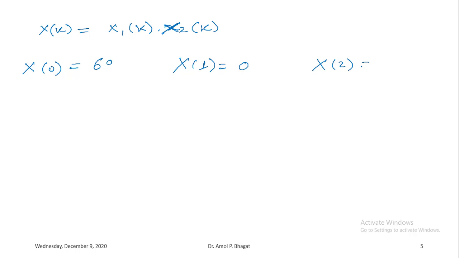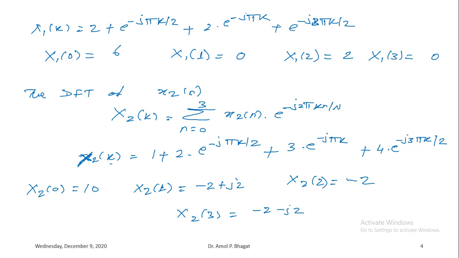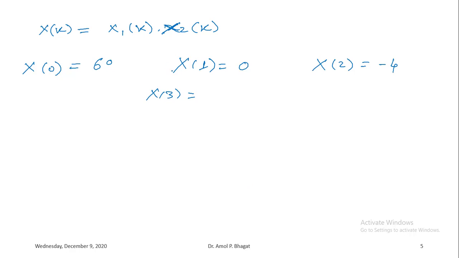So it will be minus 4. And similarly, X of 3 will be, again the value here is 0, so 0 multiplied by this value will be 0. So this is what we have as the multiplication result of these two DFTs.